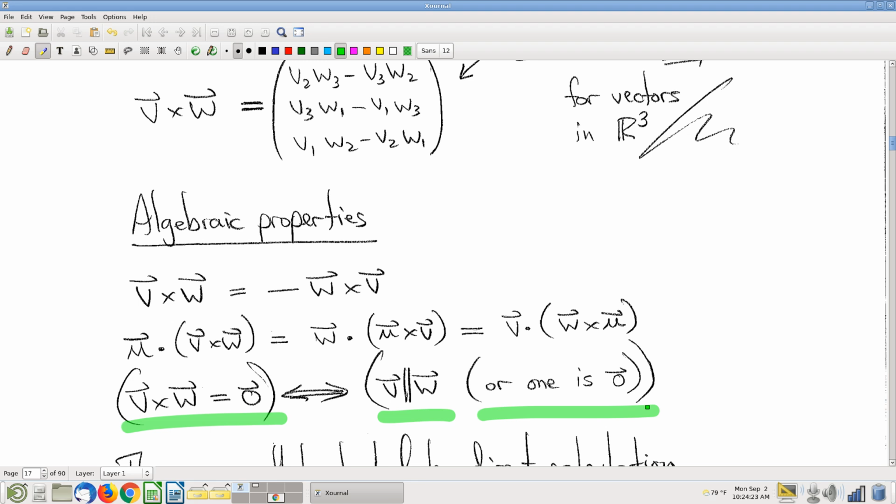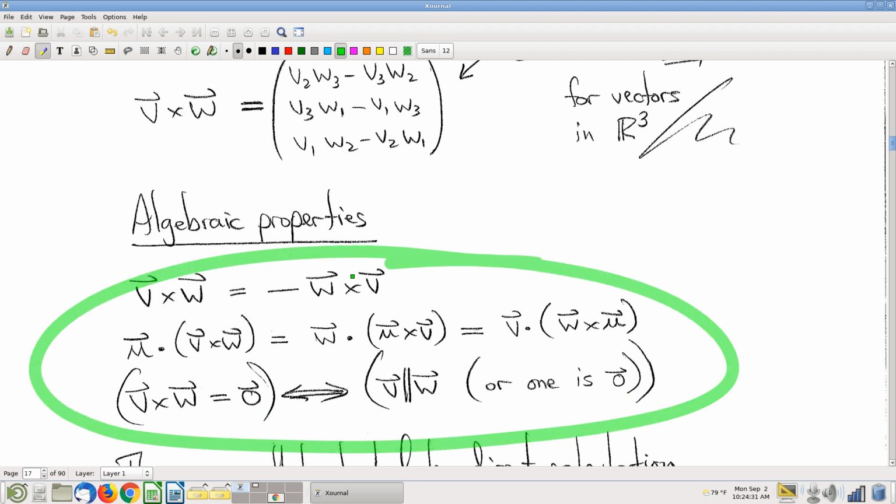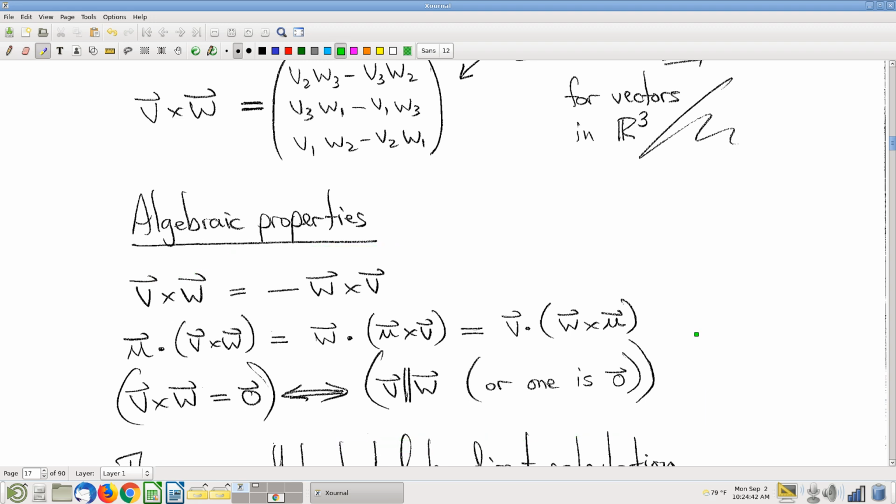So that's sort of vaguely familiar. All of these statements can be proved algebraically, and you've got the necessary tools to do that. Feel free. It's just a matter of a little bit of algebra. But we're going to try to make geometric sense out of all of these also.